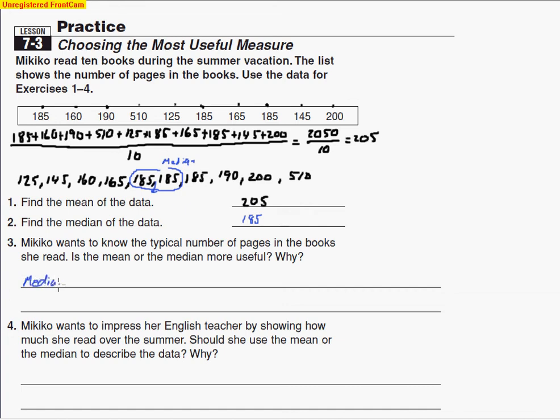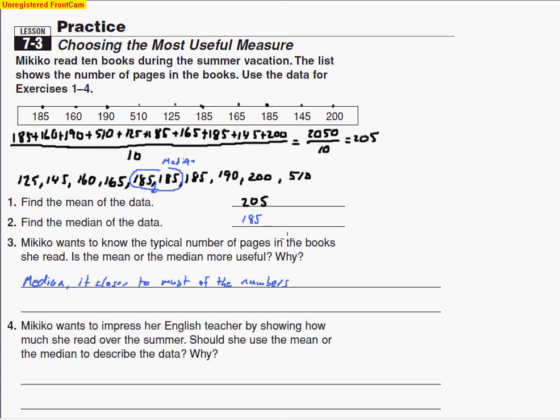And the reason why we'd want to use the median is because it is closer to most of the numbers that we have in the data set.